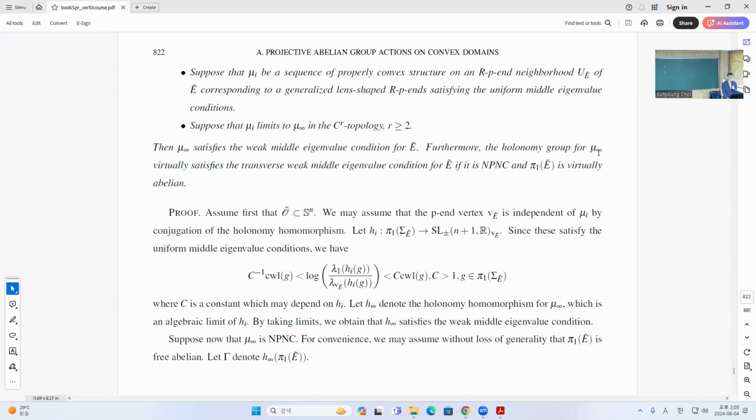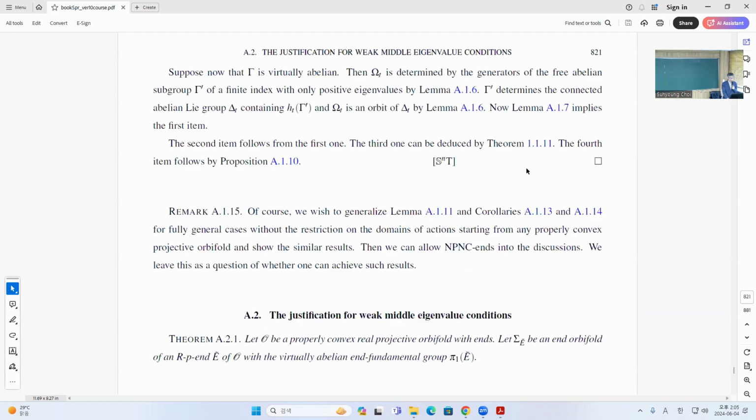Okay, and so it satisfies MP if it's MP and C, or it's virtually abelian. Right, so I am concentrating on the virtually abelian fundamental group.